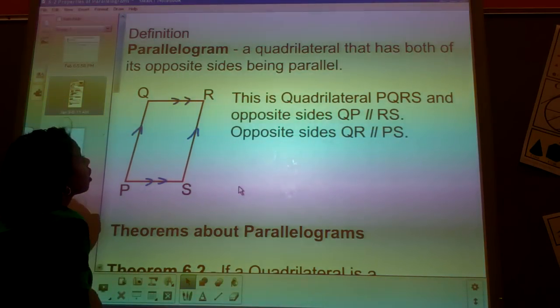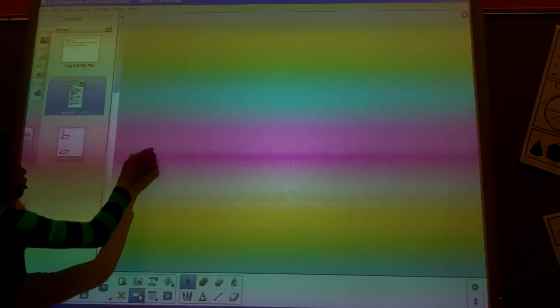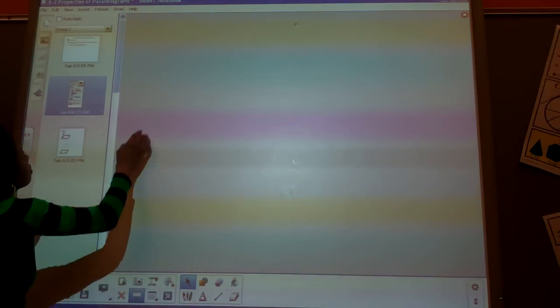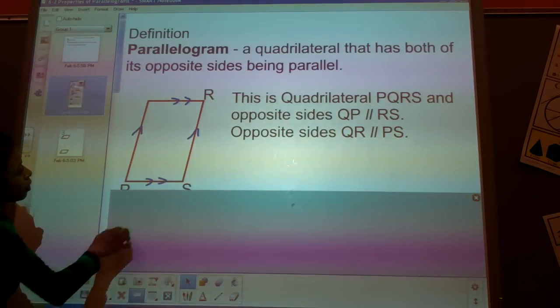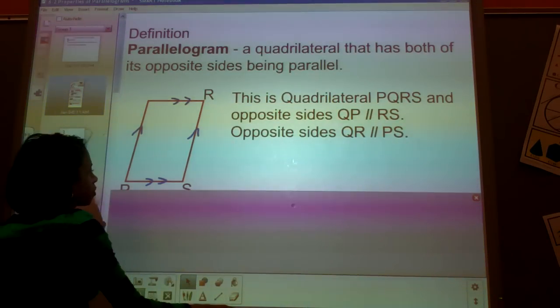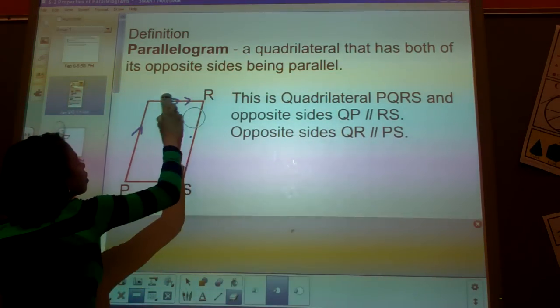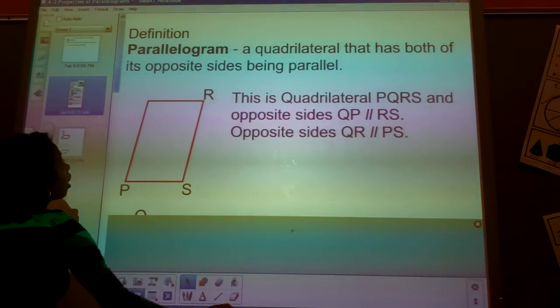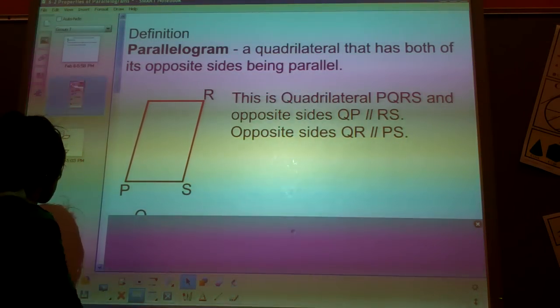All right, let's start with some definitions. Parallelogram. This is where we're going to start first.